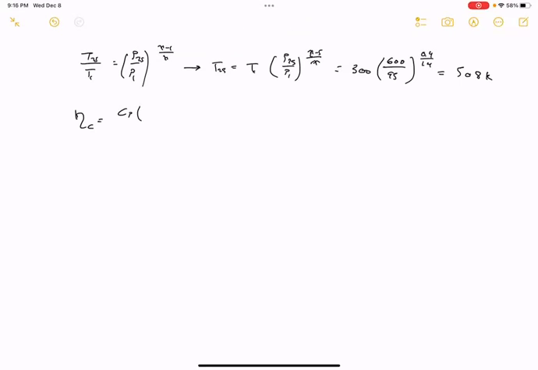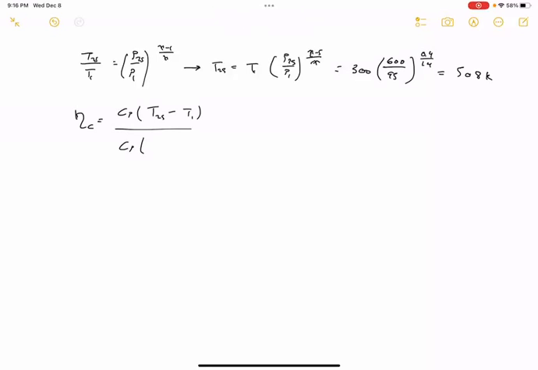So just to reiterate, the isentropic efficiency is the work that we would ideally isentropically do versus the work that we actually have to do. So of course, work for an ideal gas is Cp delta T. In the first case, for the ideal case, delta T is just T2 isentropic minus T1 over Cp times the real case, which is T2 minus T1.